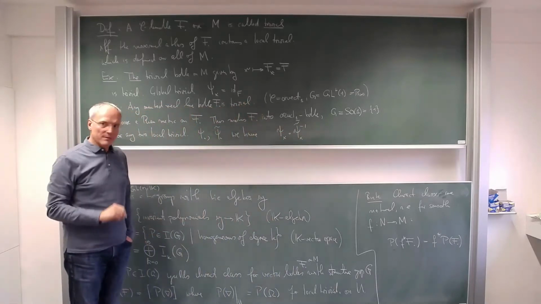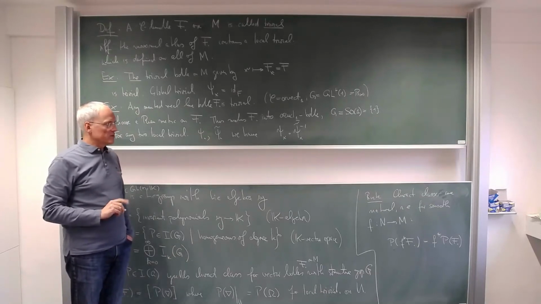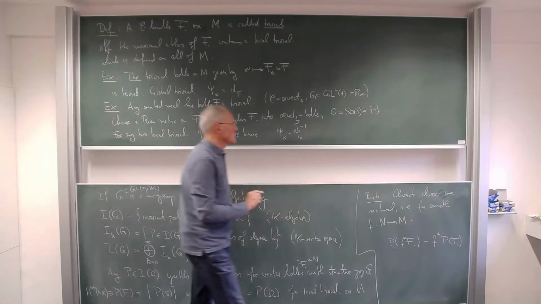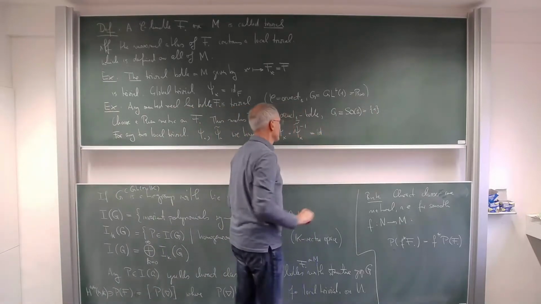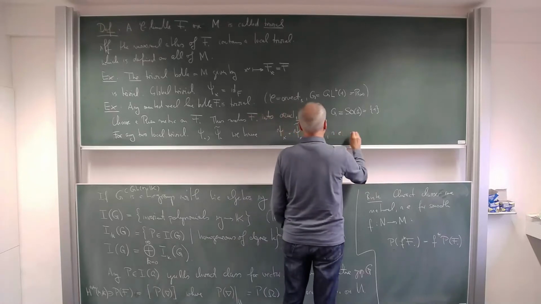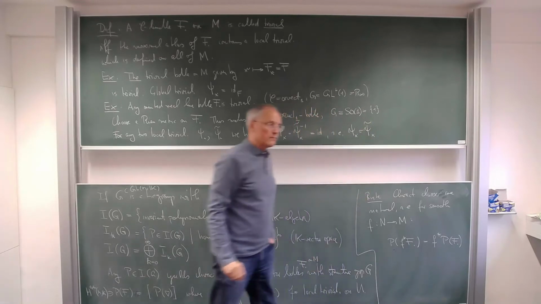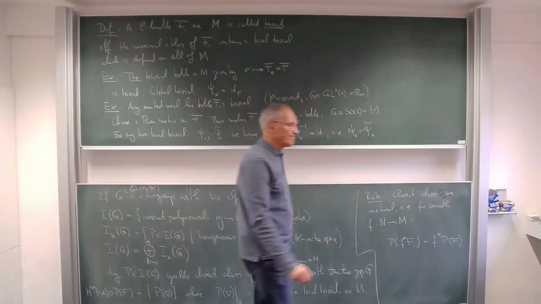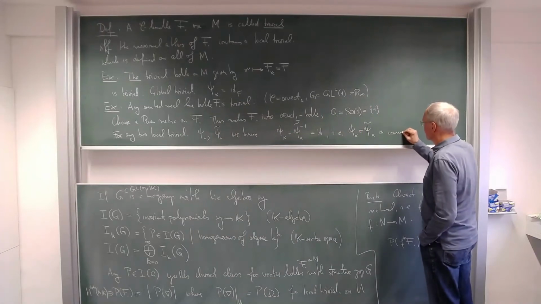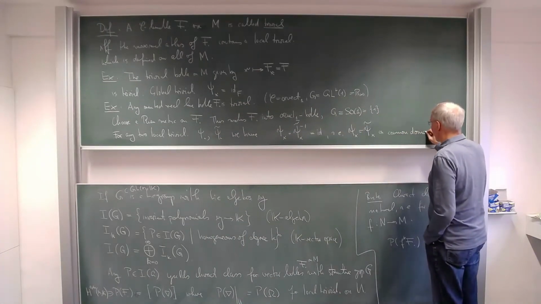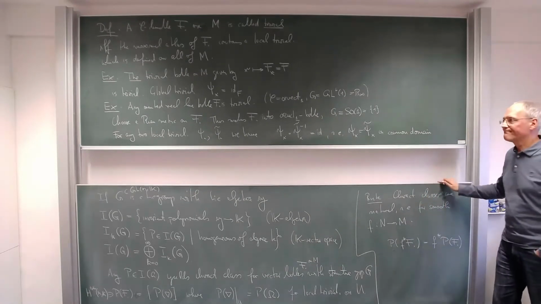This transition map for any two local trivializations always takes values in the structure group, which in this case is trivial. So that means this will always be the identity. In other words, any two local trivializations will coincide on their common domain. And so they patch together to a global trivialization.